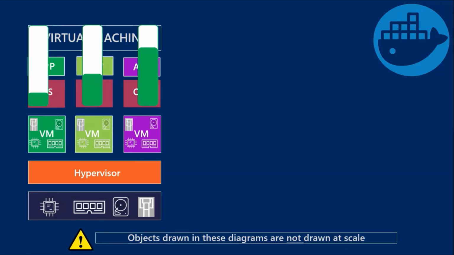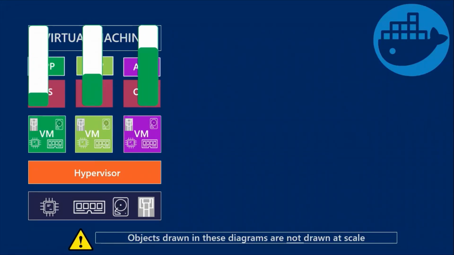Also, VM images are huge, GBs in size, and take minutes to spin up and tear down. So VMs help us run more apps on a single piece of hardware, but come with maintenance cost, and apps running on VMs are not using hardware resources efficiently.